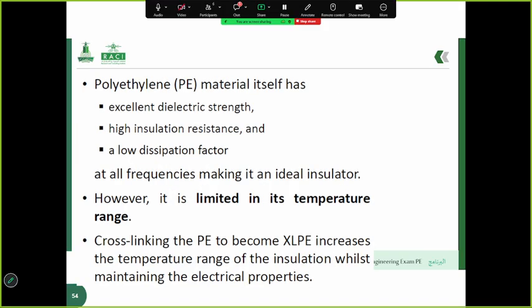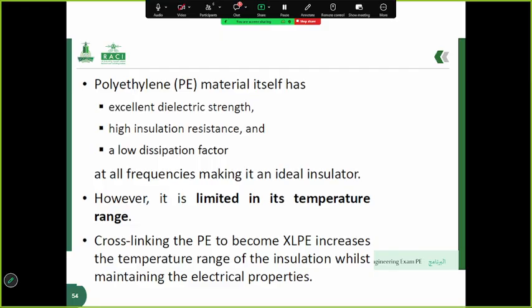So based on this slide, we will discuss the properties of PE, polyethylene, and the reason for creating cross-linked polyethylene or XLPE. Polyethylene as a material has excellent electrical properties, including high insulation resistance, excellent dielectric strength, and a low dissipation factor across all frequencies, which would make it an ideal insulator.